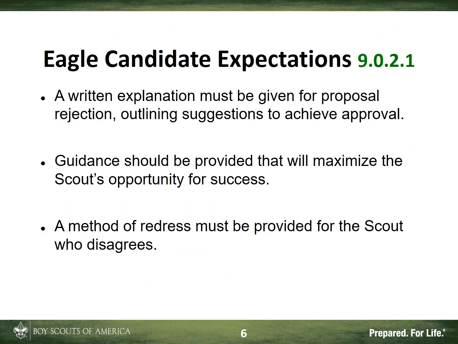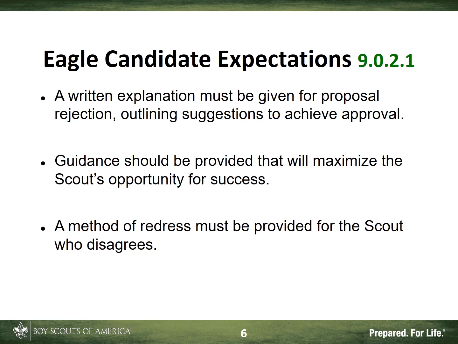If for any reason a proposal is edited or rejected, you need to give the scout a written explanation of why it was rejected or what suggestions you have for improvement on the project. If a boy believes his proposal has been unnecessarily edited or rejected, you should provide him with a second opinion from the district.